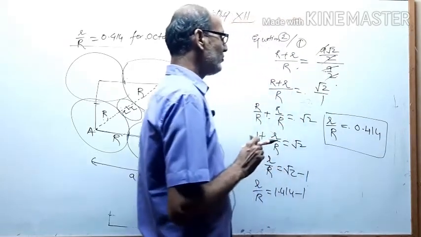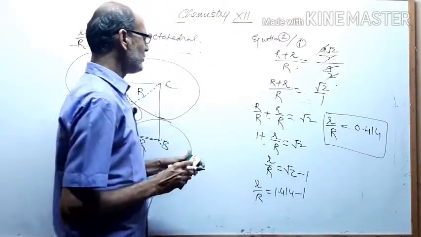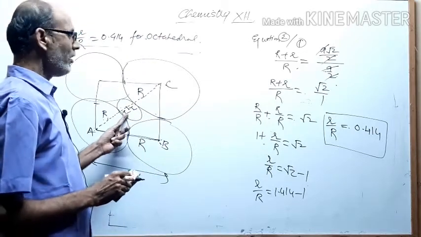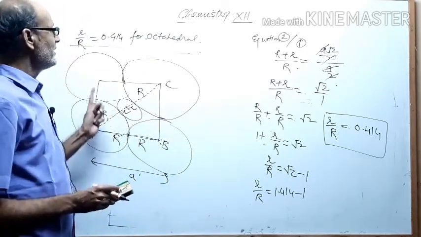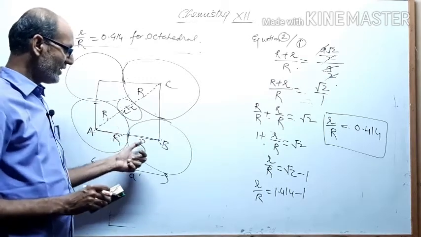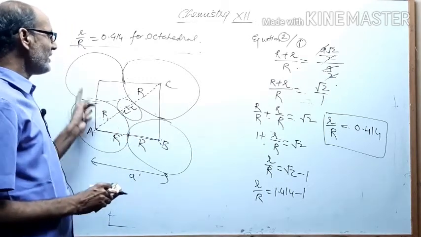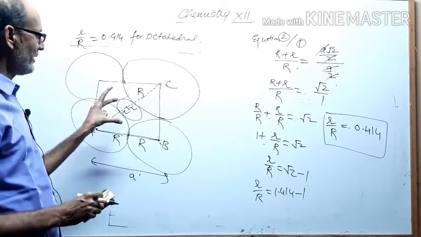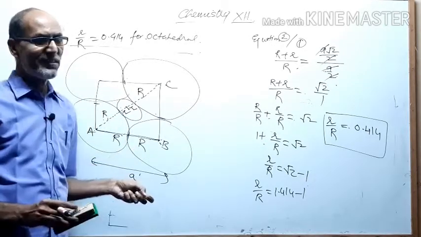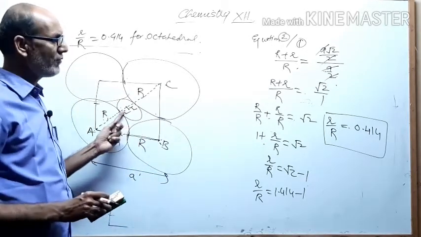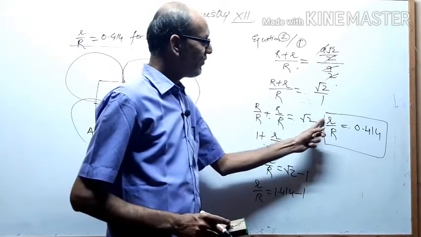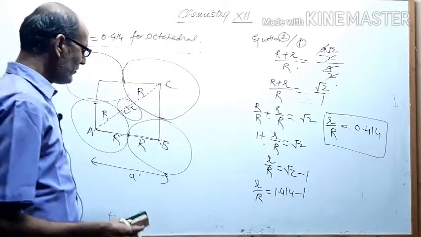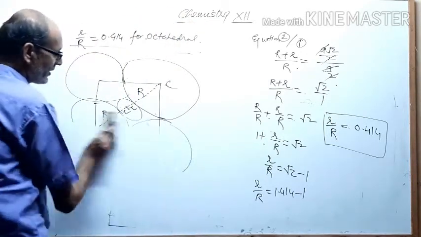This is the formula by which you can find the radius of the octahedral void or the space between the 6 atoms of radius capital R. We have drawn the 4 atoms, 2 atoms are also present here. That means a total of 6 atoms form the octahedral void, and in that void this maximum size of atom you can put.